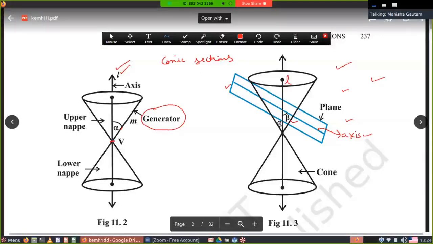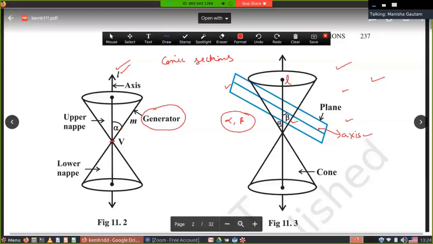And alpha you already know, this is the angle between the axis of the cone and the generator of the cone, and beta is the angle which is made by the axis of the plane and the axis of the cone. Now here you have to study the relation of these two angles, alpha and beta.